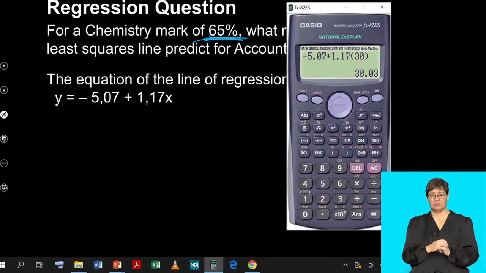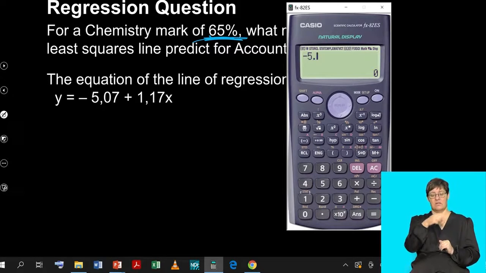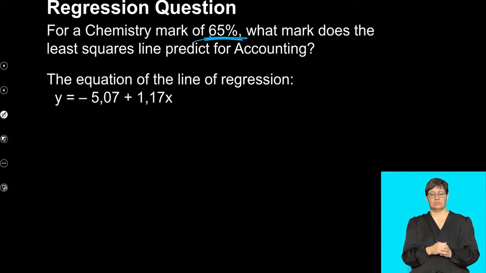We just have to substitute: minus 5.07 plus 1.17, and where I see x, I put 65, because 65 is my chemistry. And y is my accounting. I want to know what I'll get for accounting. Let's see what we get.